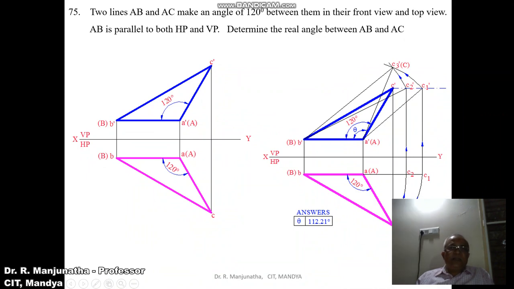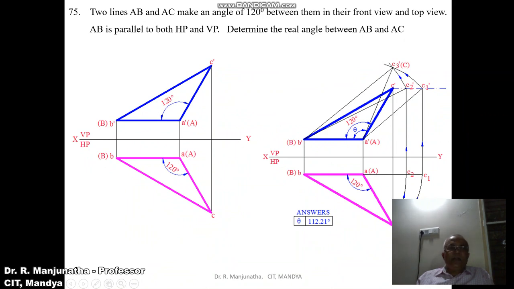Then draw a vertical projector from c dash to the top view. Then, using the protractor with A as center, with reference to the horizontal you draw an inclined line at 120 degrees, and from B you measure an angle of 30 degrees and draw an inclined line. Both will intersect at this point, so you mark the point as c. Then when you join c dash and c, both lie on the same line.